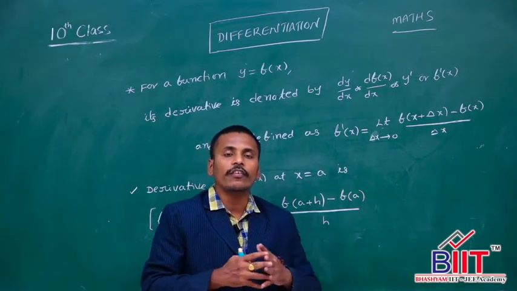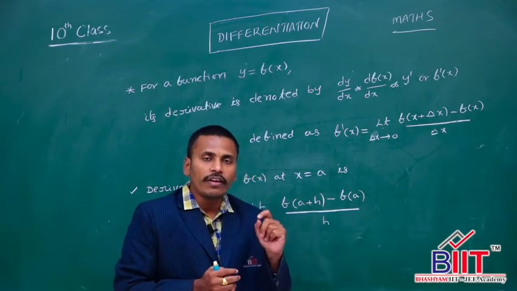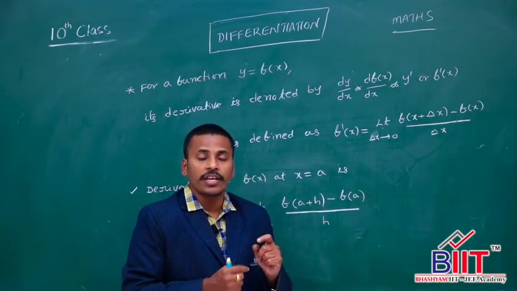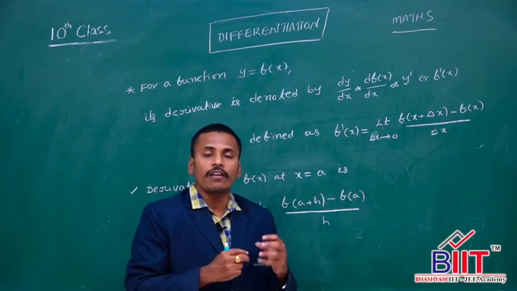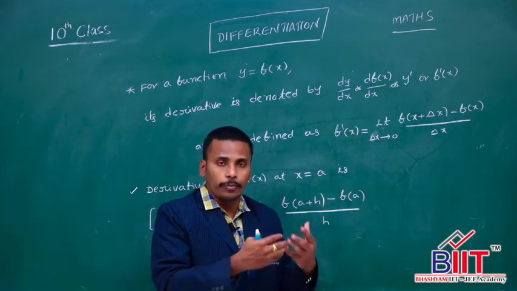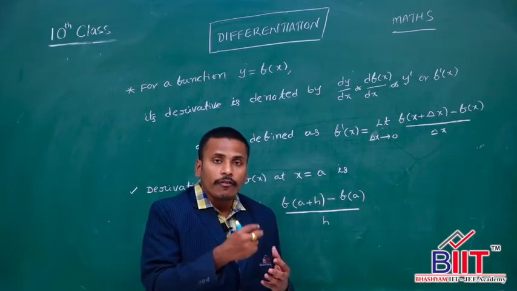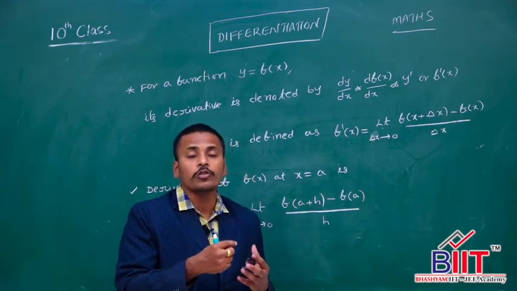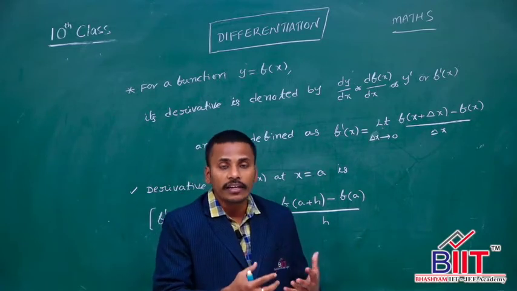And what is the derivative of a function? The derivative of a function represents the change in the functional values f of x with respect to the change in the inputs x. If the change in x is very small, we treat it as the derivative.